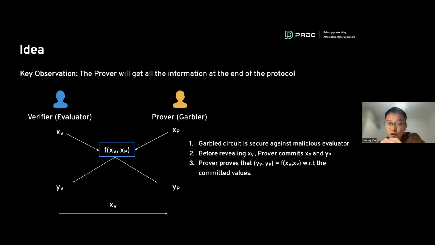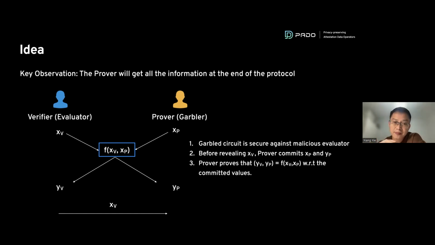In our protocol, before the verifier reveals xv, we want the prover to commit to xp and yp. So before I reveal everything, the prover cannot change his input and output. At the end of the 2PC protocol, the prover additionally has to prove that the output and the input are consistent with the commitment value.